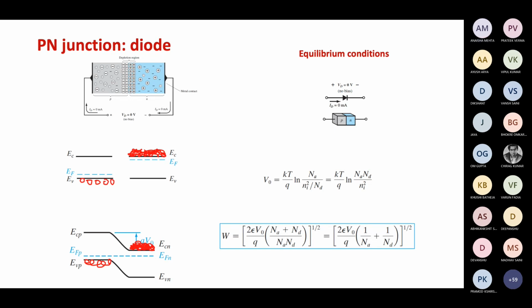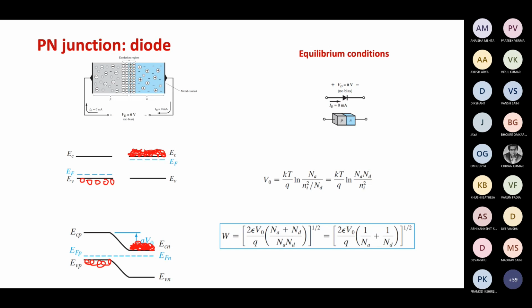No, no, no. It is not as if both of them are moving actually. A hole going from EVP to EVN is, in other words, an electron going from EVN to EVP. So it is not as if both of them are moving at the same time. Hole movement can be visualized as electron movement as well.